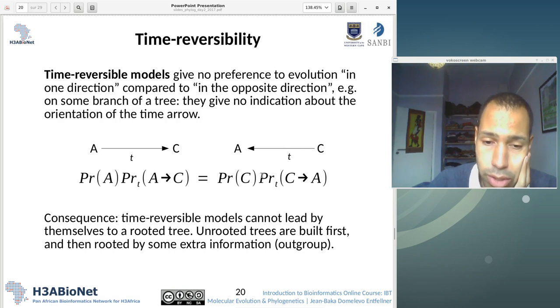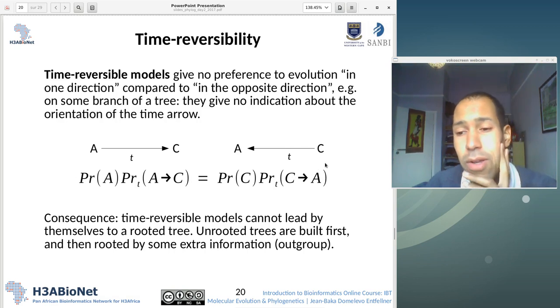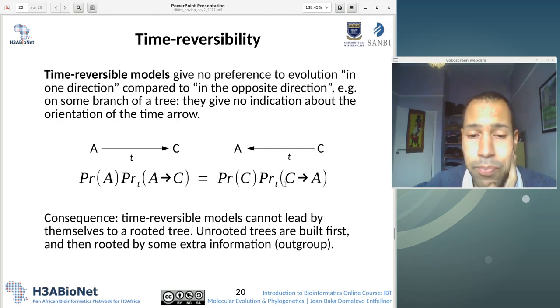By the way, when we write this probability over time t to have a C transformed into an A, it doesn't say anything about what's happening here. This in no way says that there has been along this branch only one substitution event, right? Not at all.